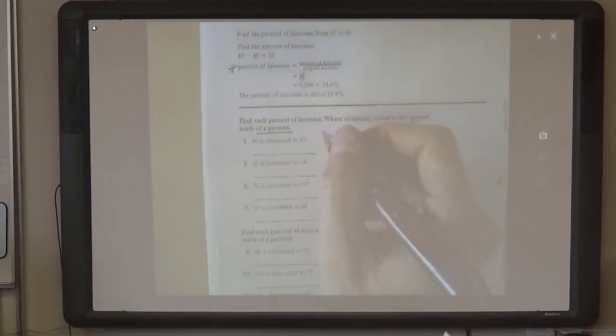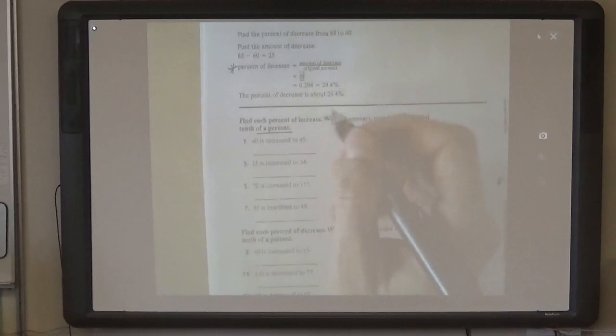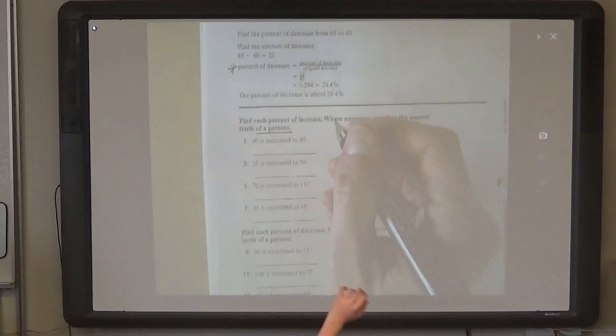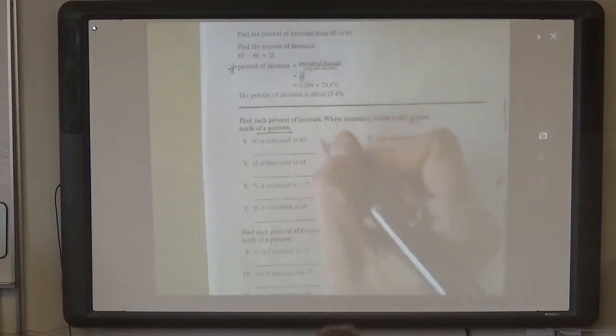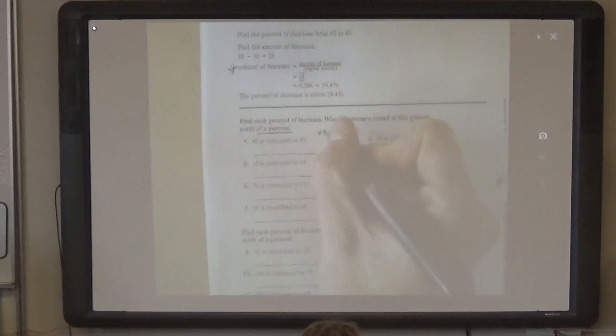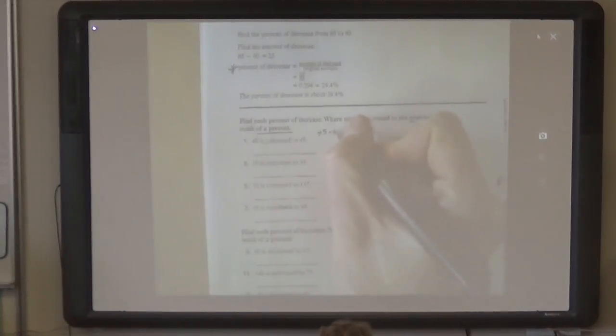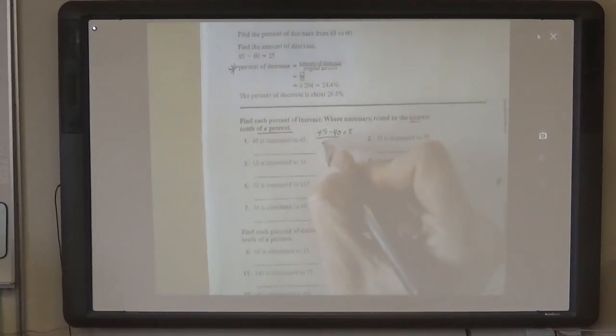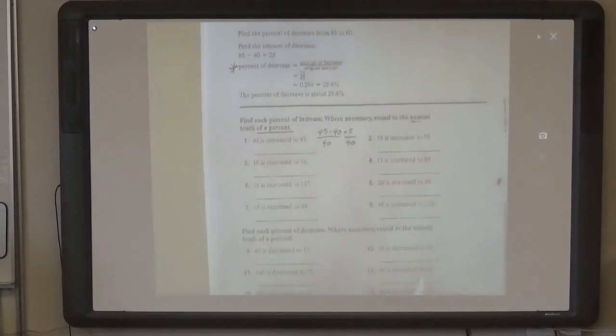So, it says 40 is increased to 45. What should we do? Subtract first. The bigger absolute value minus the smaller absolute value, which equals 5. 5 over what? 40.